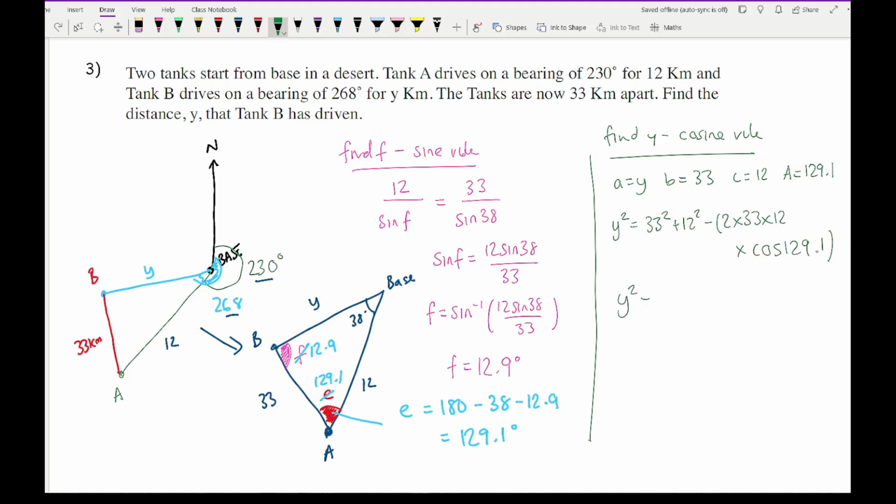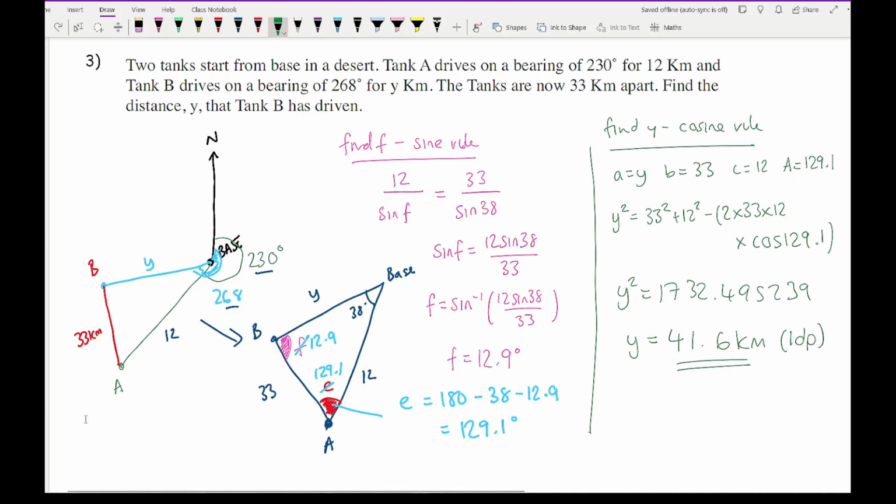Let's quickly type that into my calculator, in which I get 1732.495239. So y equals the square root of that, which is 41.6, and that's kilometers to 1 decimal place.